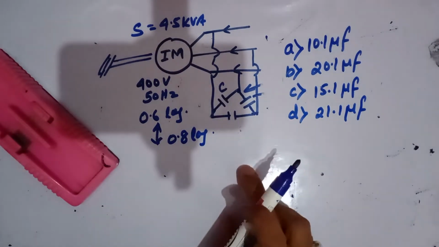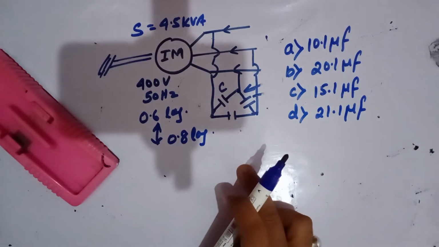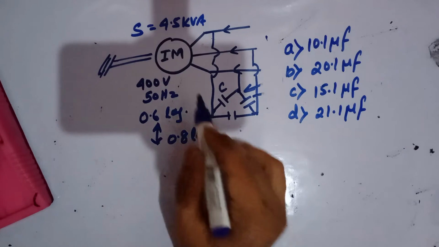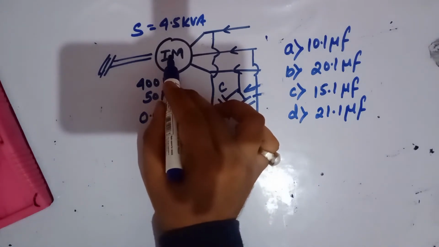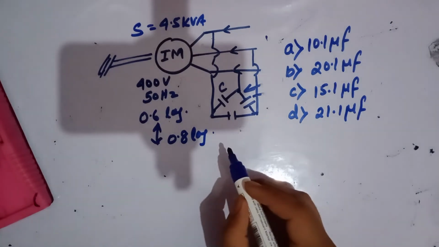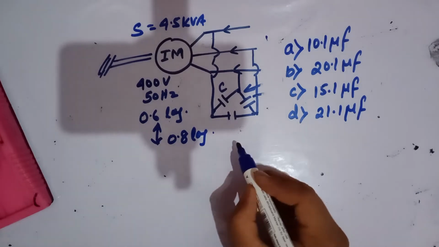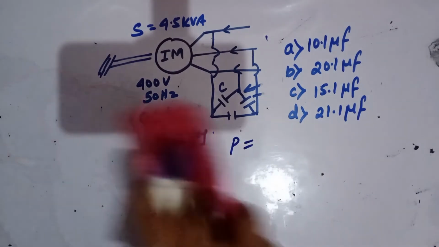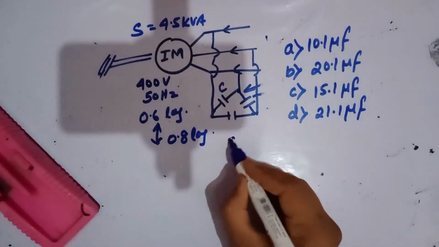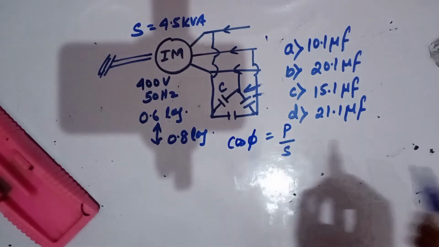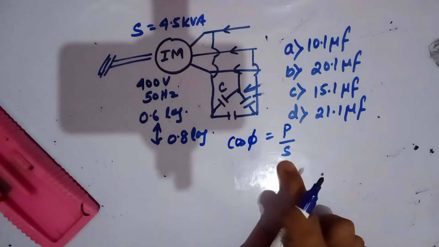So first we need to find out your P, how much power is taken by your induction motor. As you know, cos phi is P by S. S is given.